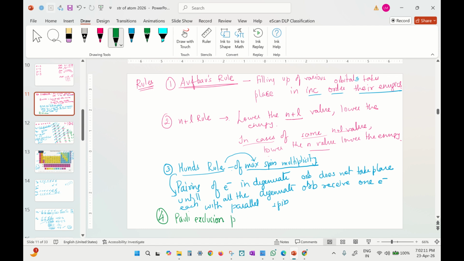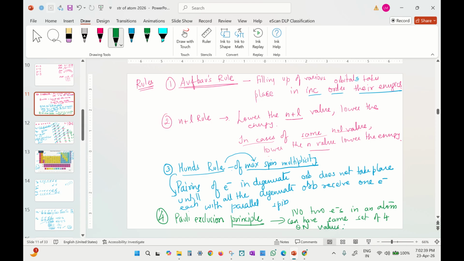What it says is that no two electrons in an atom can have the same set of four quantum number values. In other words, each electron is unique. Correct? Each electron is unique.